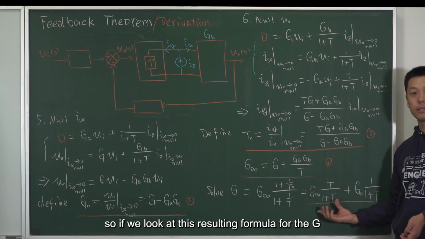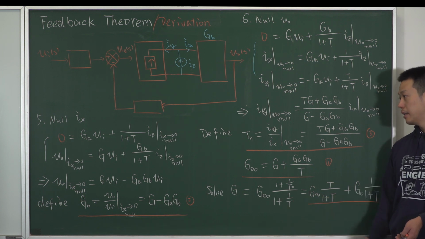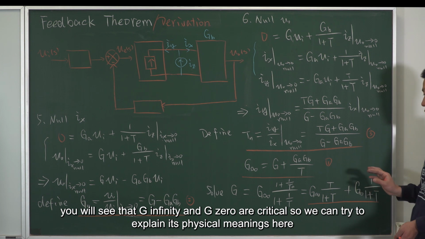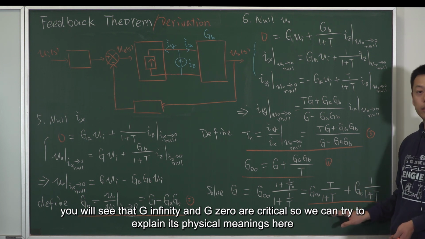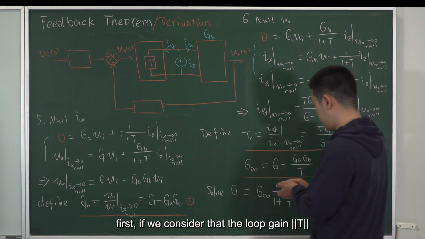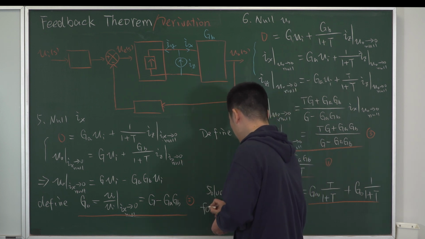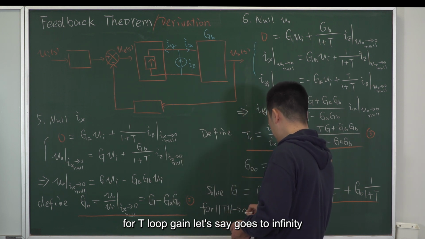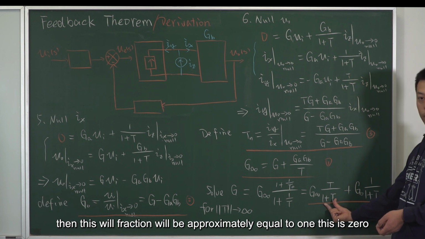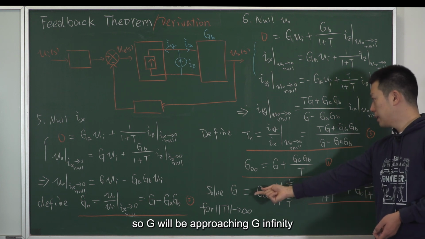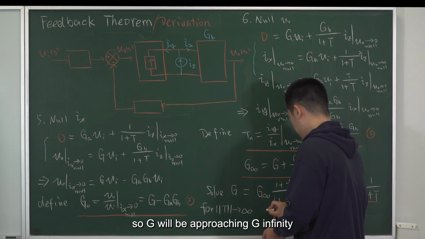So if we look at this resulting formula for G, right, you will see that G infinity and G0 are critical. So we can try to explain their physical meanings here, right? First, if we consider that the loop gain T is very, very large, for T loop gain, let's say, goes to infinity, then this fraction will be approximately equal to 1. This is 0, right? So G will be approaching G infinity.